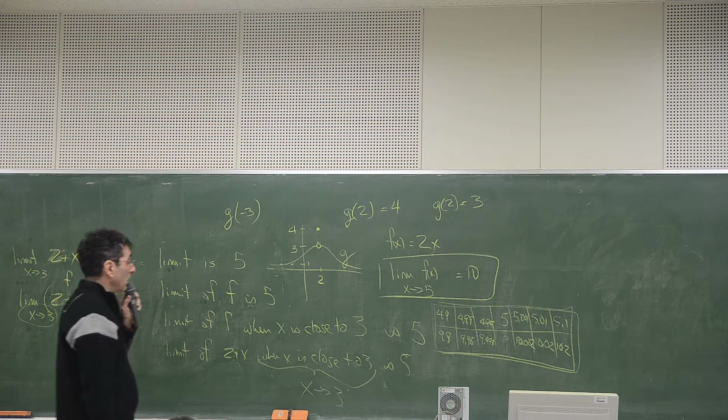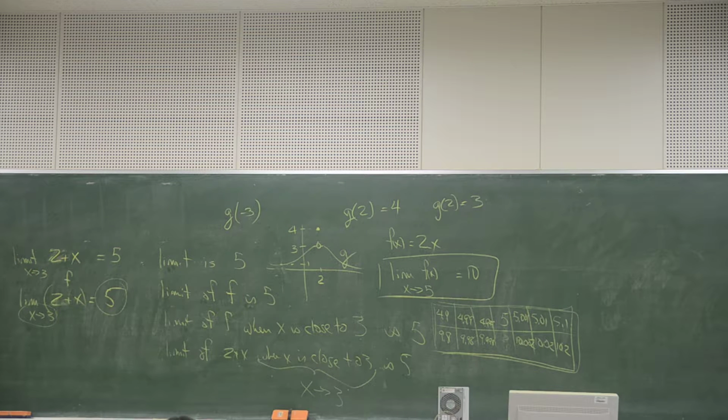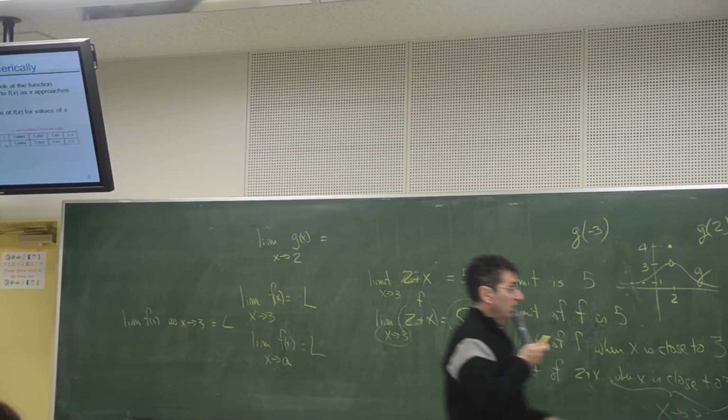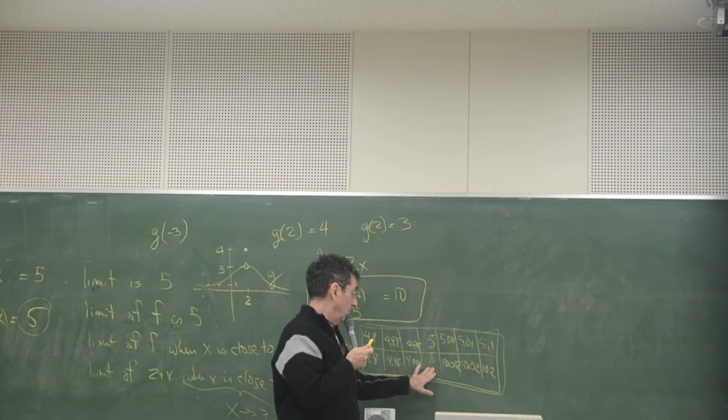Okay? So now, going back to my question, if I asked you this, the limit question is a little more interesting than it was in this case, because in this case it was obviously going to be 10.